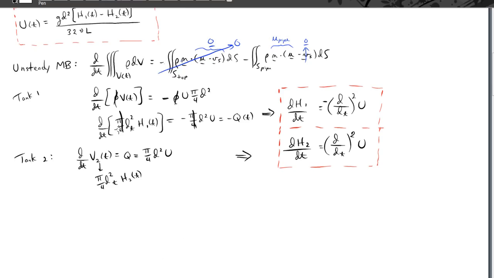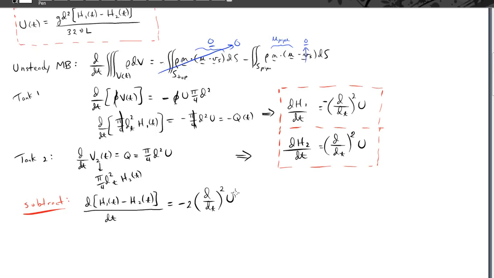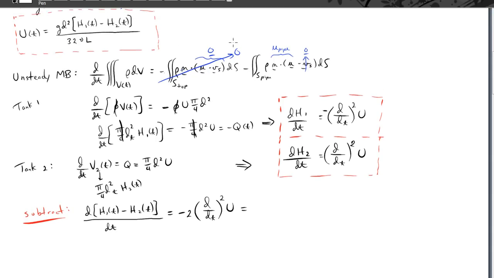So if we do that now, we simply subtract the second mass balance from the first, and therefore we get d of h1 of t minus h2 of t, dt, is equal to minus d over D_T squared U minus d over D_T squared U. So we get a minus 2 d over D_T quantity squared times capital U, which, if we use our expression for U that we have from the mechanical energy equation just above here, we can rewrite in terms of the difference between h1 and h2.